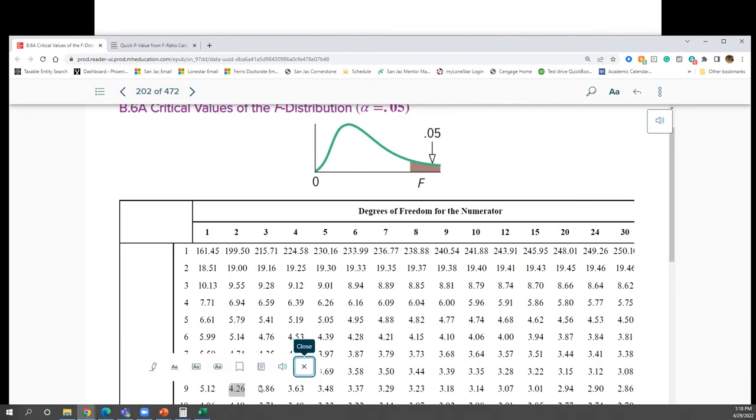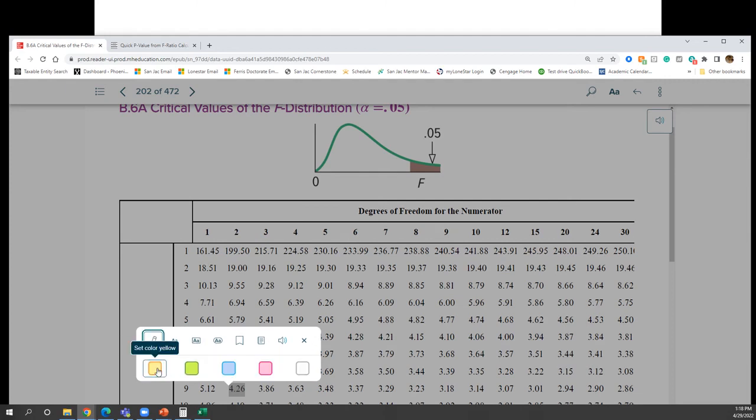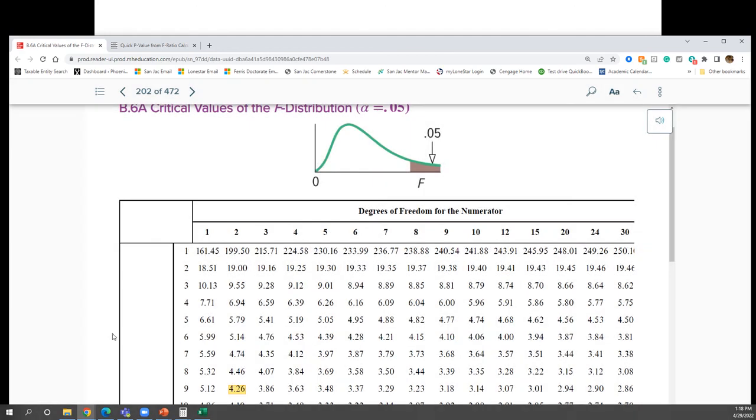So again, probably didn't even have to de-highlight it. It's going to be 4.26. So if our F test is greater than 4.26, then we know that we're going to reject the null.